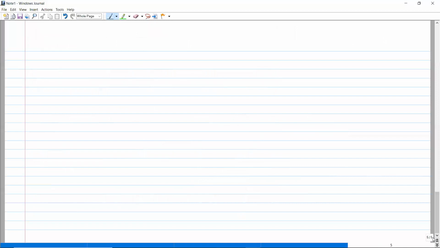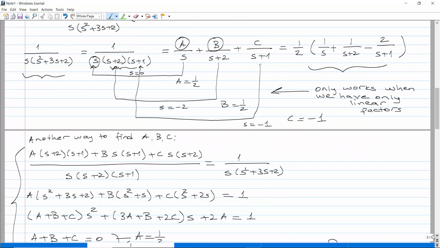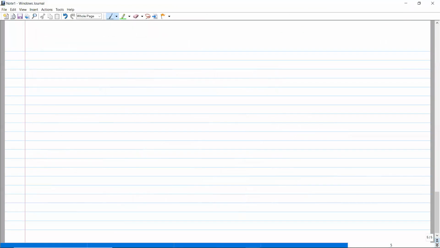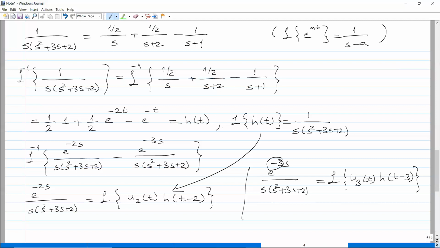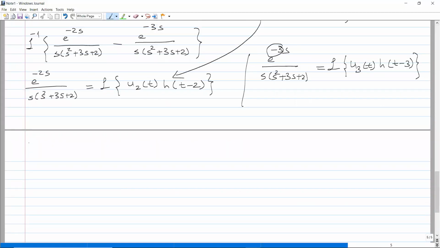So if I combine the two, inverse Laplace of e to the minus 2s over s squared plus 3s plus 2 minus e to the minus 3s over s squared plus 3s plus 2 is, the first one, I have u2 times the function h.